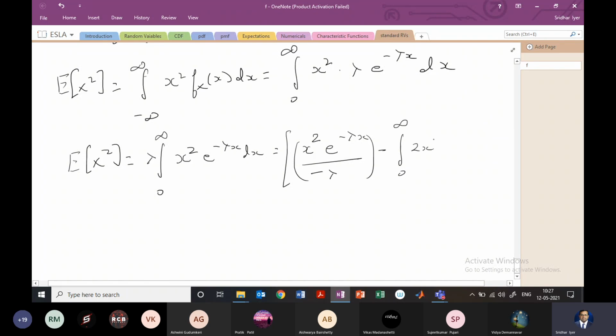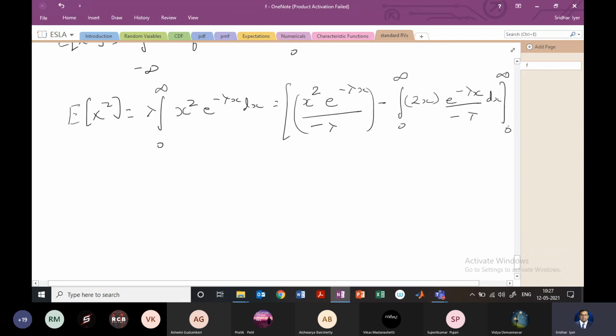So you'll have 2x. In the previous case we just had x, so the differential was just 1, that's why we have not written it. Here you'll have 2x, right? And you have e raised to minus lambda x, the integral divided by negative lambda dx, right? I'm doing this under the assumption that you're aware of the uv rule. If not, please go back and see.